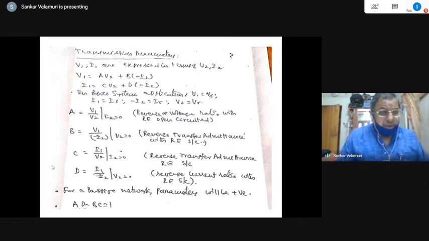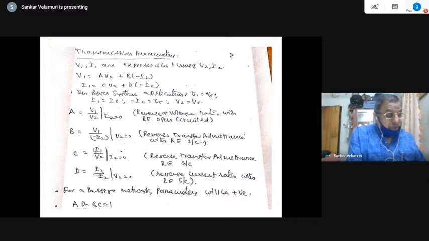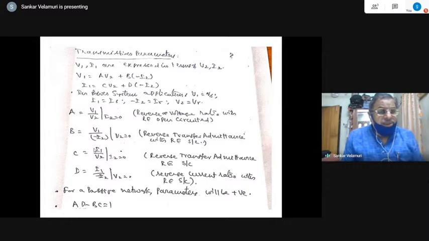Again, for a reciprocal network, the ratio of excitation and response is considered in the opposite nature. That is called a reciprocal network. So remember that, which we are not discussing, but for the same network, we are defining all six types of parameters. Please remember this. Therefore, there is interchangeability of the corresponding network parameters.